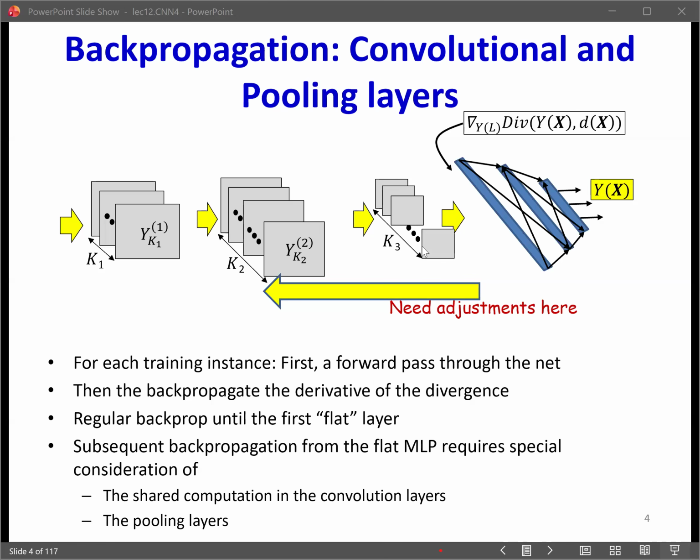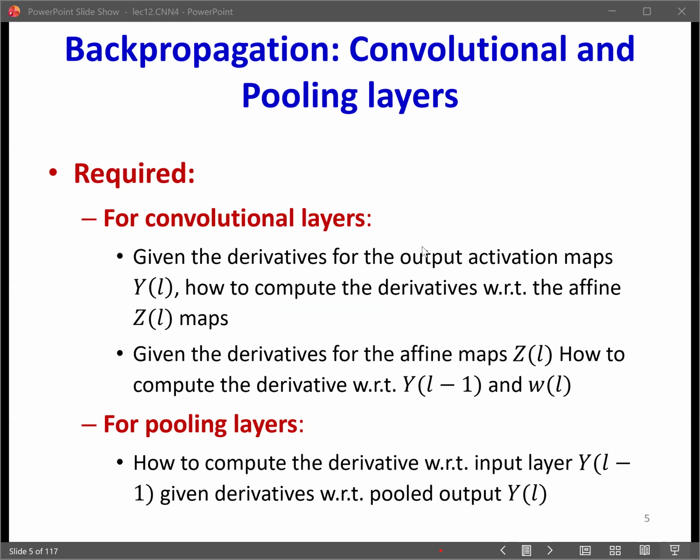And that's where we need adjustments. So the adjustments we saw were for both convolutional layers and pooling layers. For convolutional layers, given the derivatives for the output activation maps in any layer, we had to figure out how to compute the derivatives with respect to the affine maps on which the activation was applied to get the activation map.